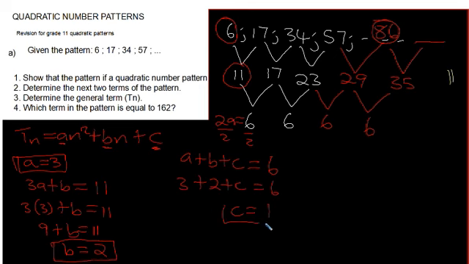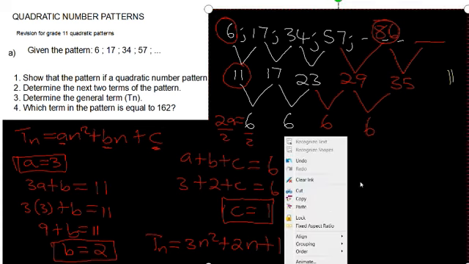So Tn is equal to 3n squared plus 2n plus 1. And that is our Tn.